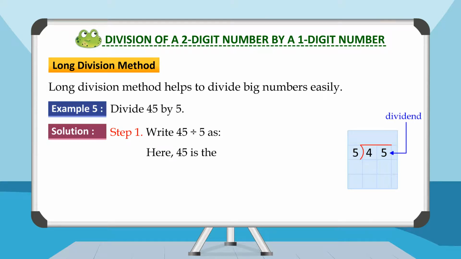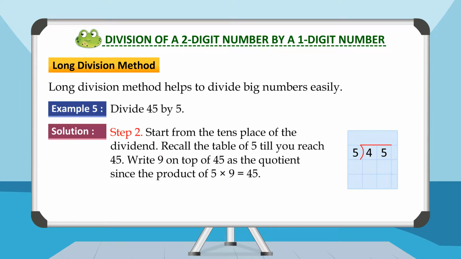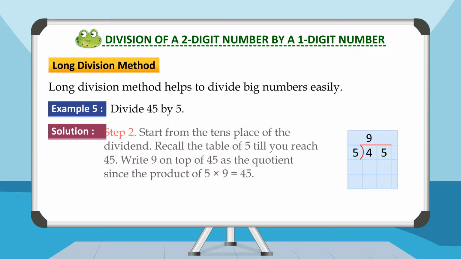Here, 45 is the dividend and 5 is the divisor. Step 2. Start with the tens place of the dividend. Recall the table of 5 till you reach 45. Write 9 on top of 45 as the quotient, since the product of 5 into 9 is equal to 45.